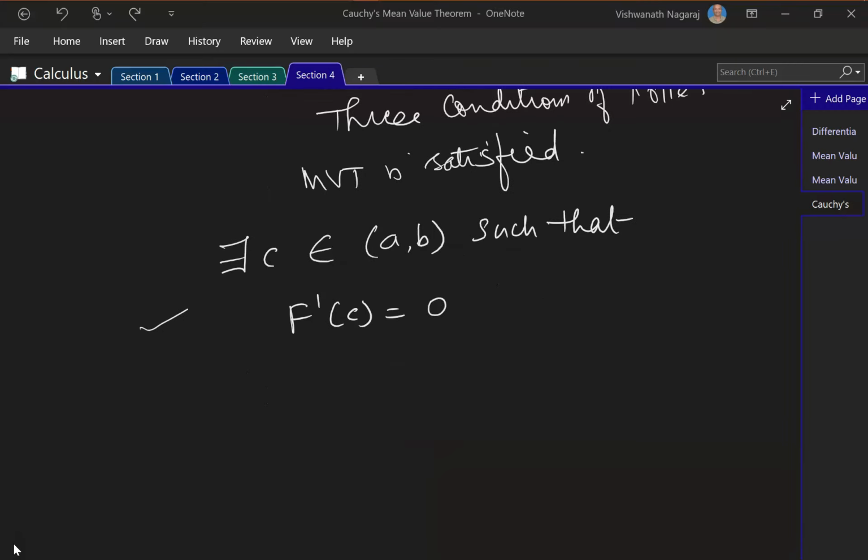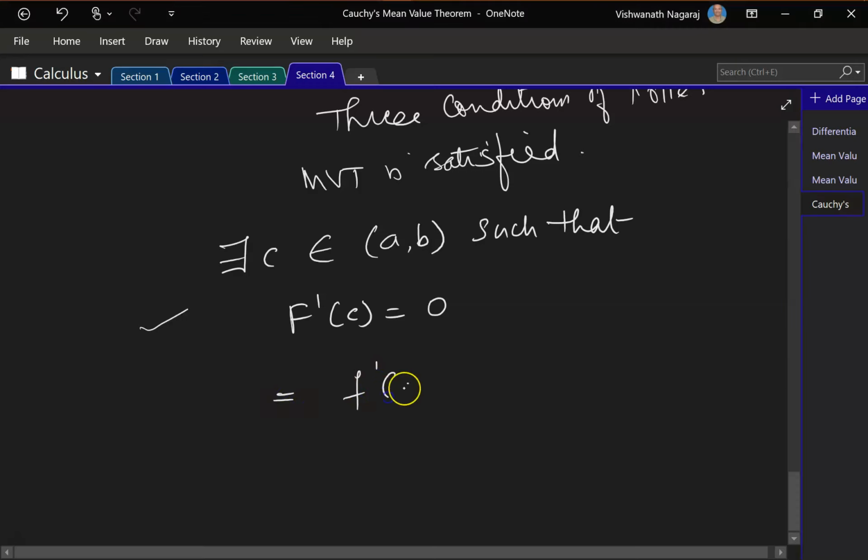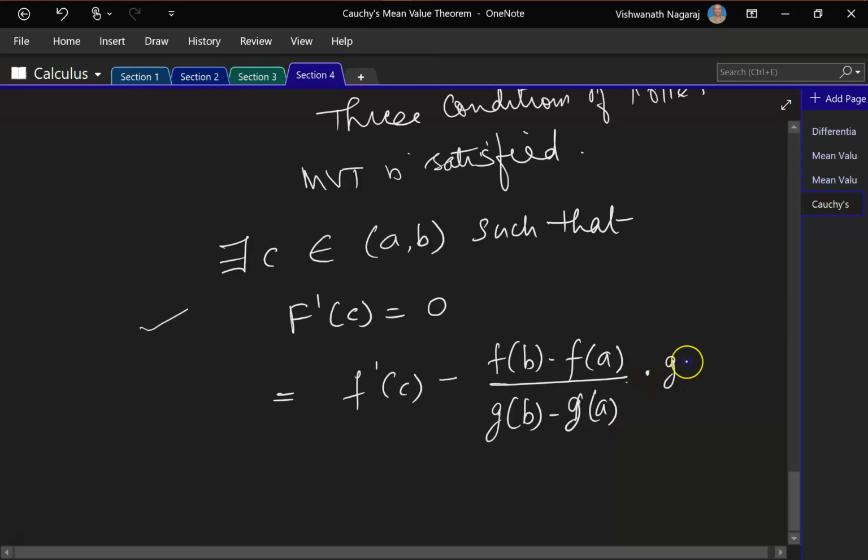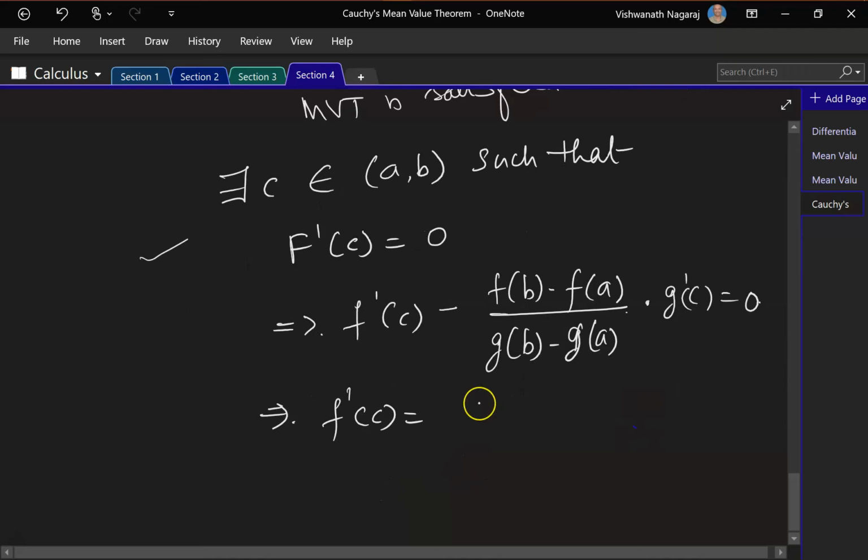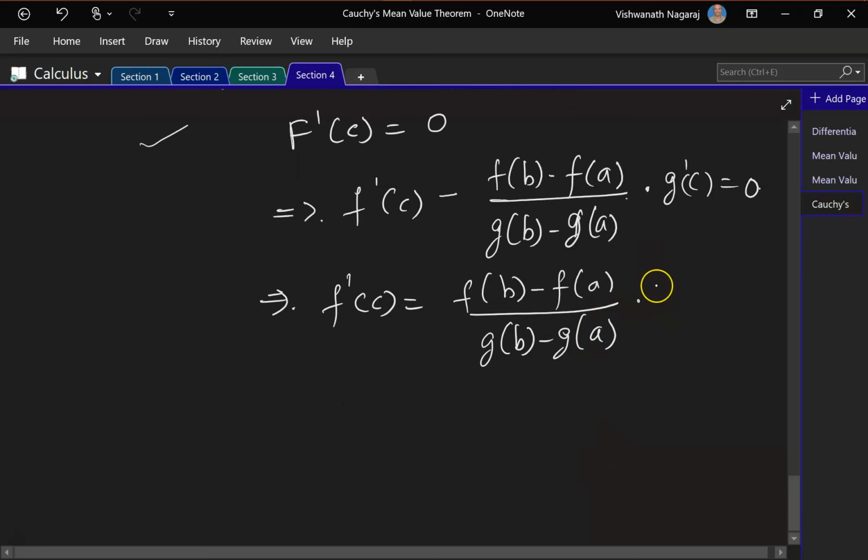If the derivative of the auxiliary function at c is equal to 0, it means f prime of c minus f of b minus f of a divided by g of b minus g of a times g prime of c is equal to 0, which implies f prime of c is equal to f of b minus f of a by g of b minus g of a times g prime of c, and that g prime of c would come to this side.